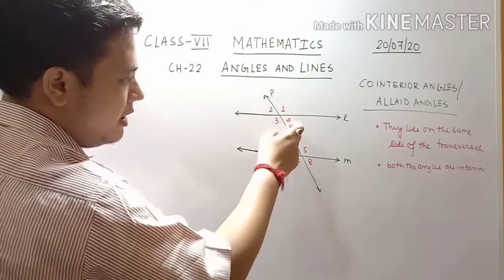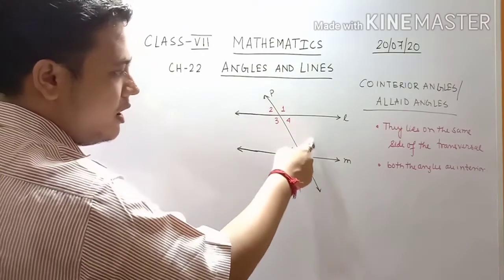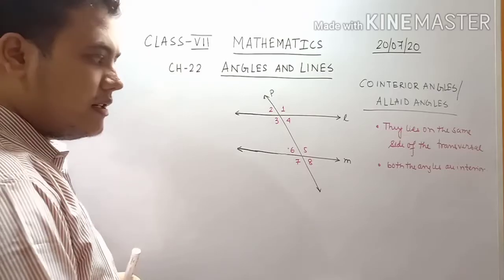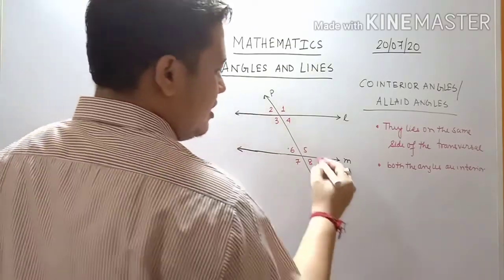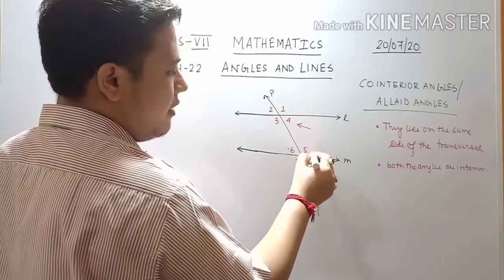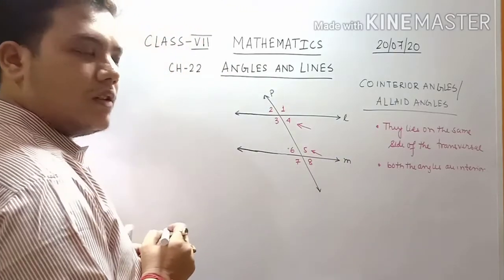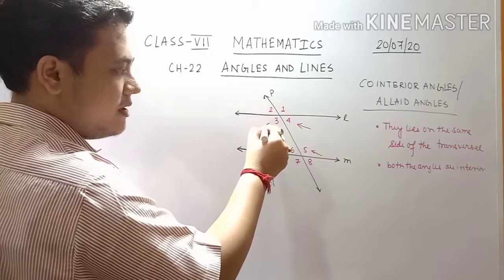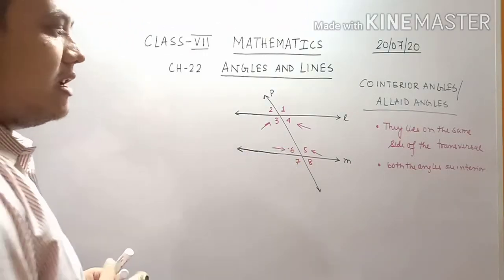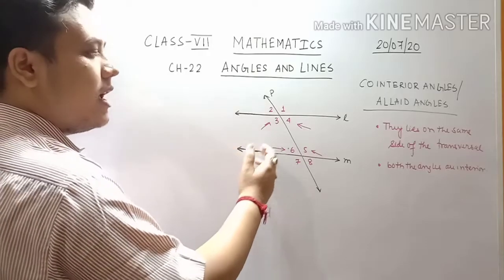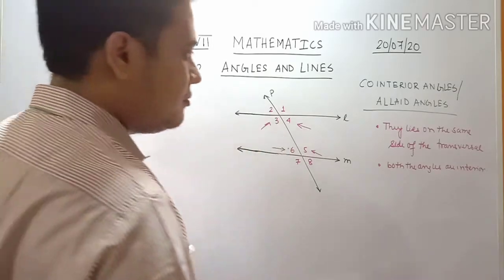So the interior angles you are getting are 4 and 5, isn't it? So how many such pairs are you getting? See, this 4 and 5 are co-interior angles, as well as 3 and 6, because they are on the same side of the transversal and they are both interior.